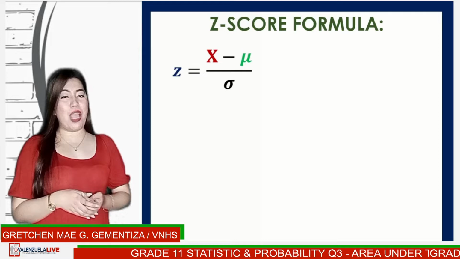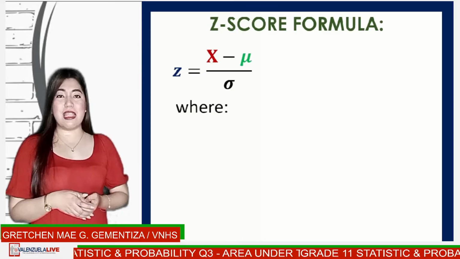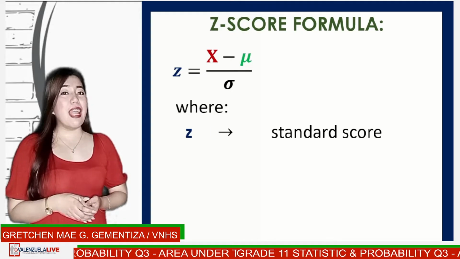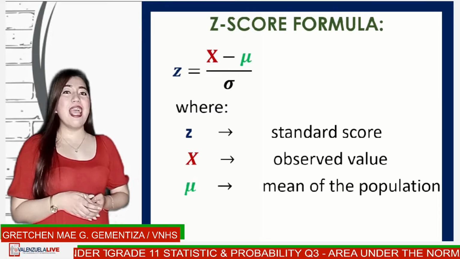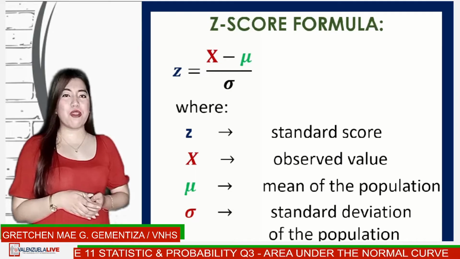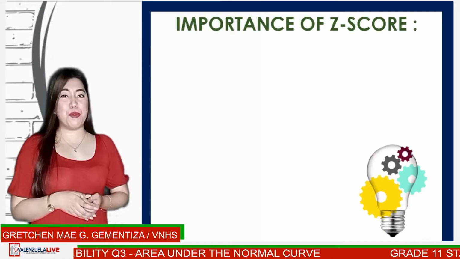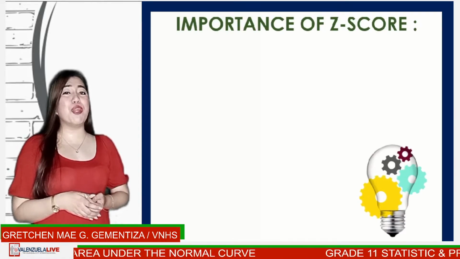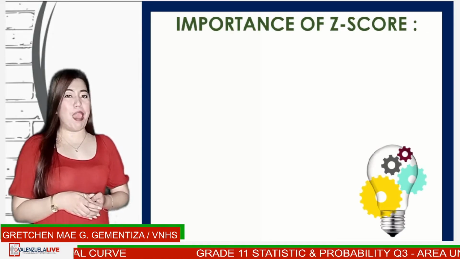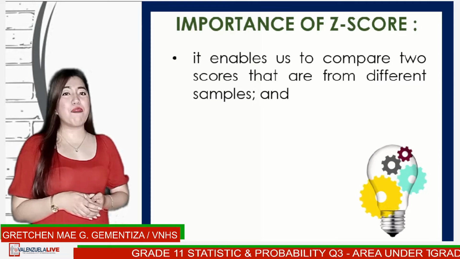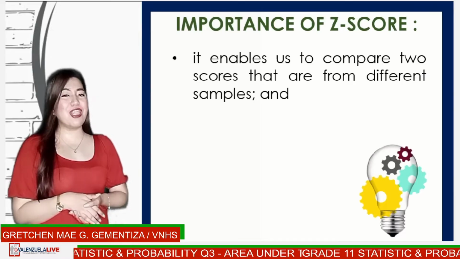Z-score is equal to x minus mu all over sigma, where z is the standard score, x is the observed value, mu is the mean of the population, and sigma is the standard deviation of the population. It is useful to standardize the values of a normal distribution by converting them into z-scores because it enables us to compare two scores that are from different samples, which may have different means and standard deviations.